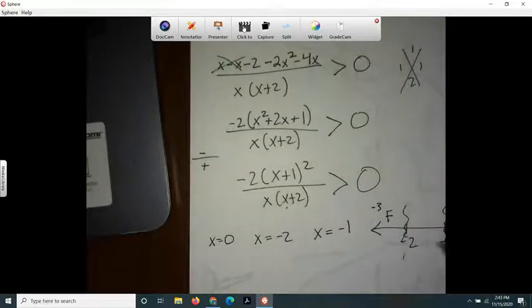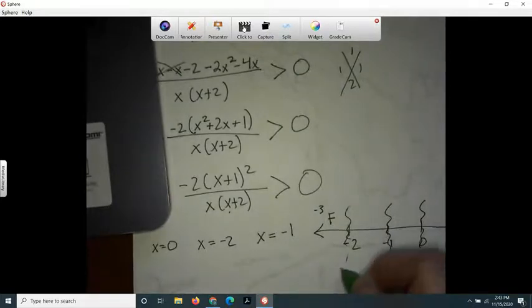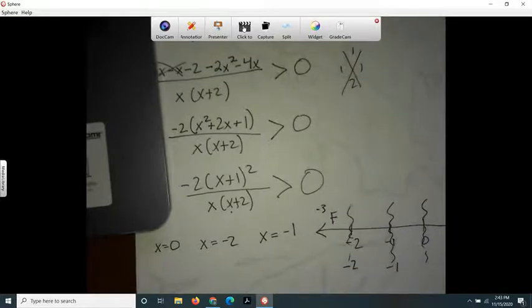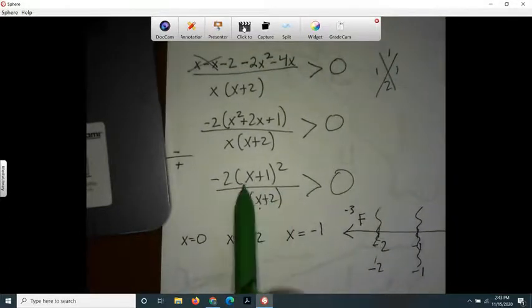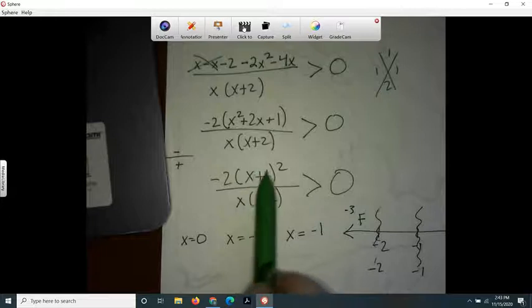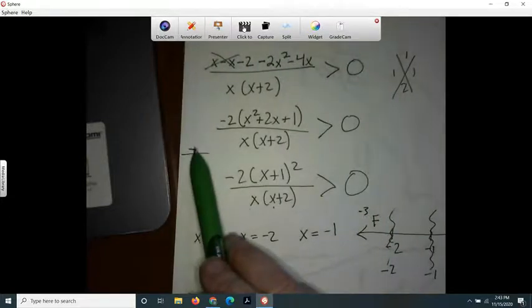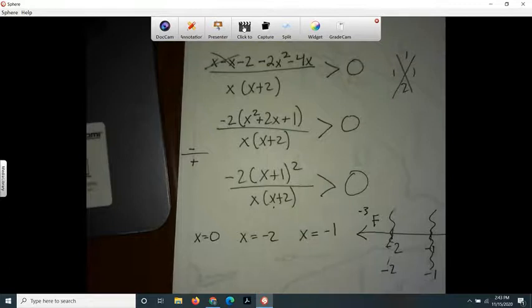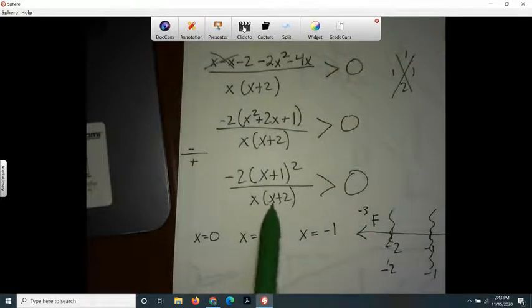Now let's look in between -2 and -1. A number between -2 and -1, I guess we have to go with -1.5. So -1.5, I already know it's going to make the numerator negative. -1.5 is going to make this inside here positive.